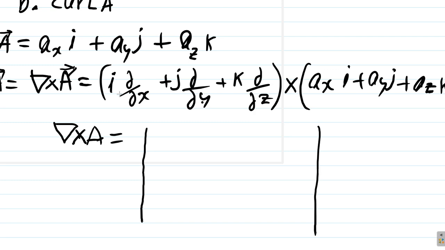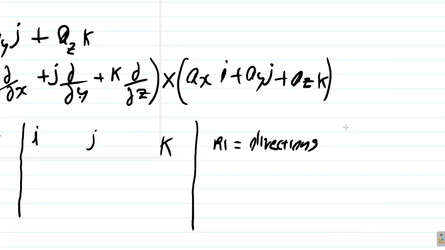Row 1 will be i, j, k, giving you the directions. Just a reminder, with vectors: direction i, j, and k.